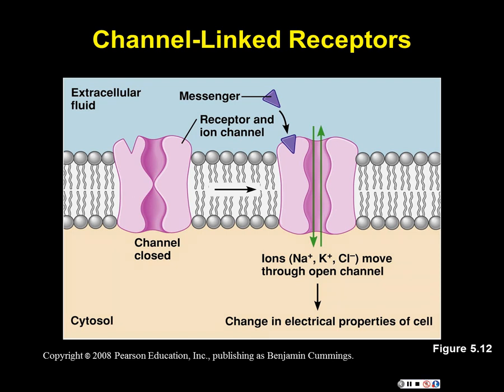Here's a big thing though. Does the messenger go into the target? No, this is huge. The extracellular messenger, all it does is bind and unbind. It is not taken into the target cell. But we're opening for specific ions like sodium or potassium or chloride. We change the potential, which you learned yesterday or will today.